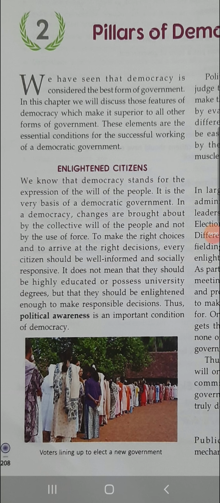It's not that. Enlightened means being given knowledge about the government and the country. This is why we have media. We have already discussed media, right? We have media because media will give us information. We, the common people, have a right to information. So, an enlightened citizen means only that: information.